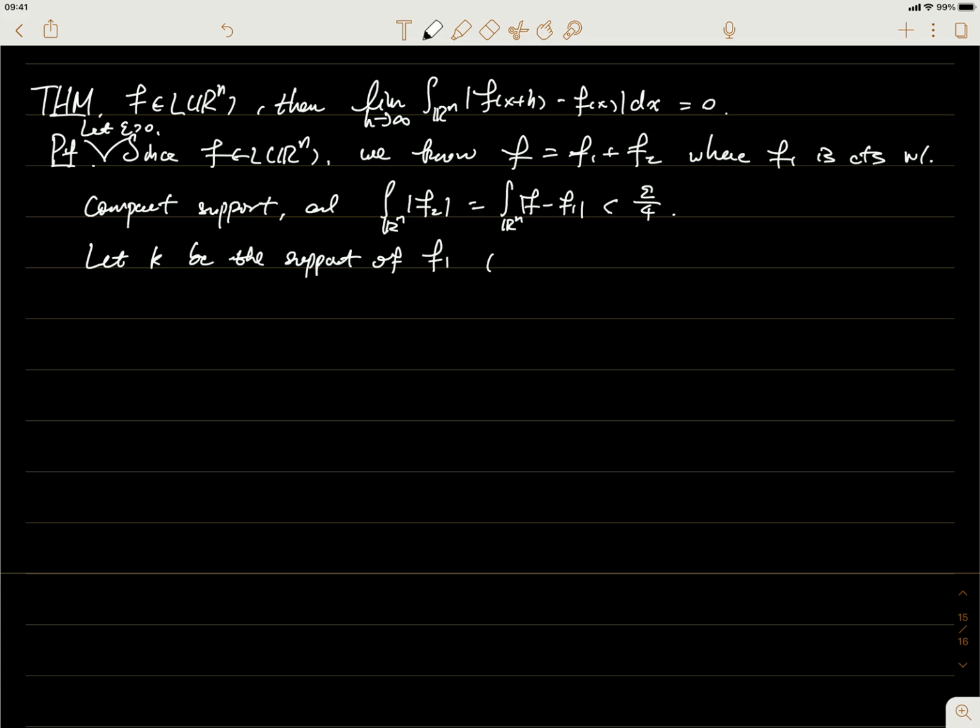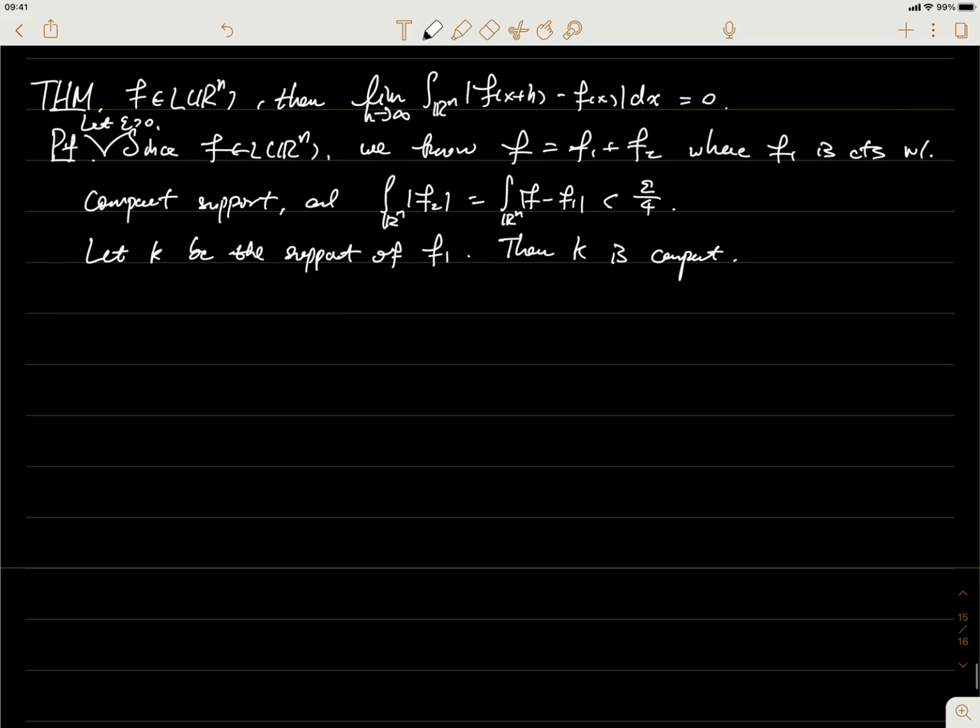Then we know that k is compact. That also means that the measure of k is finite, because a compact set in Rn is bounded and closed, so the measure must be finite.